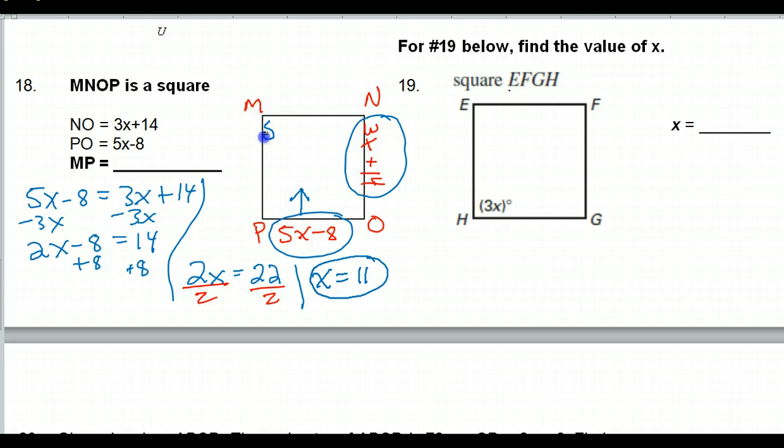That's 5 times 11 minus 8, so that's 55 minus 8, which is 47. So PO is 47, which means all of the sides are 47. It's a square. So 47, my friends. That's how you do number 18.